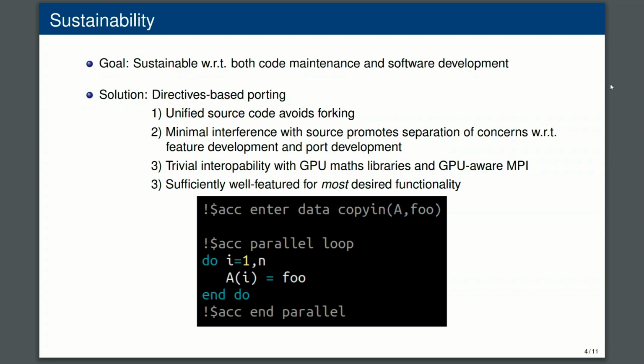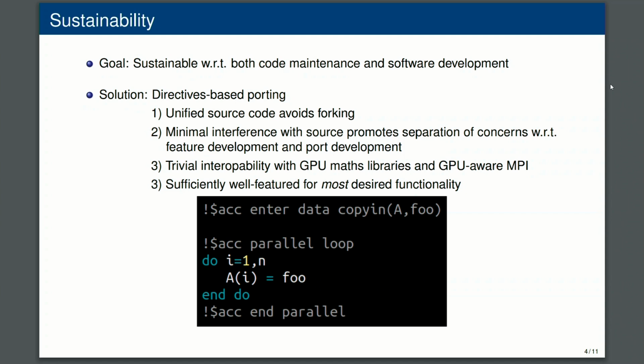And actually, I've ended up taking directives-based approaches anyway. Oh, I should say, when I say a directives-based approach, what I'm talking about is just decorating your code with these kind of comments, as you might have seen with OpenMP, or we're using OpenACC here, rather than writing in a language specifically designed for the GPU. This is what I'm referring to.